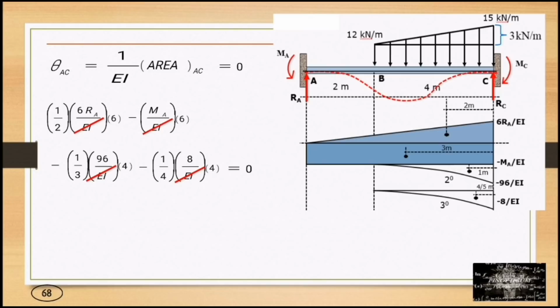So, yung EI cancelled out. So, we have 18 RA minus 6 MA is equal to 136. So, this is equation number 1.